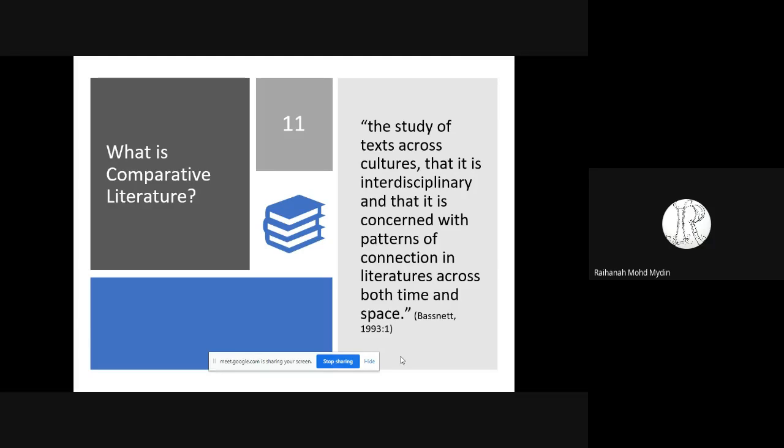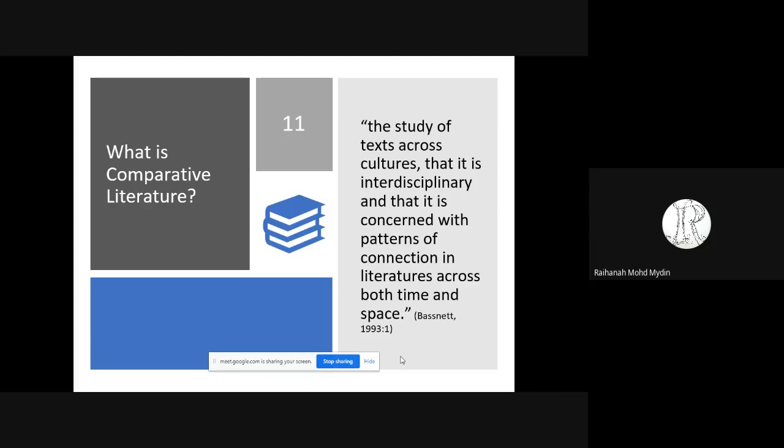So I want you to look at the marked difference and the dropping of nation state, languages, national borders, and just focusing on the study of text across cultures, right? It is interdisciplinary. It is concerned with patterns of connection in literature across both time and space.